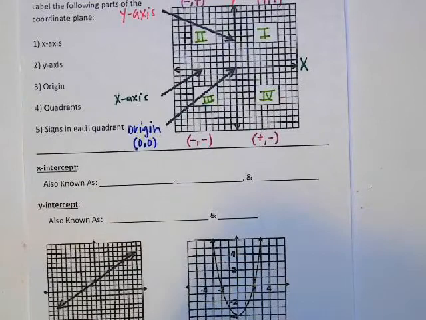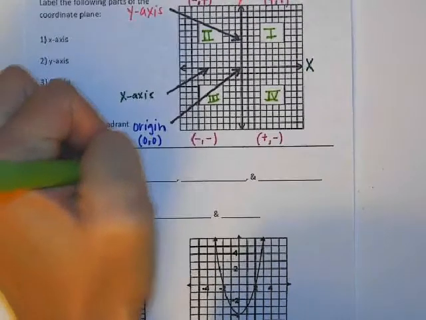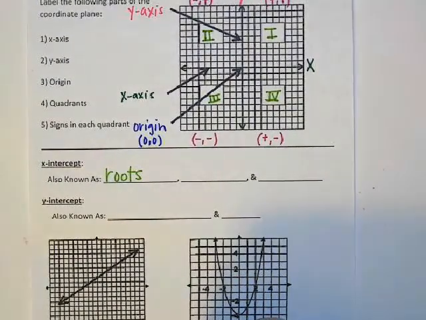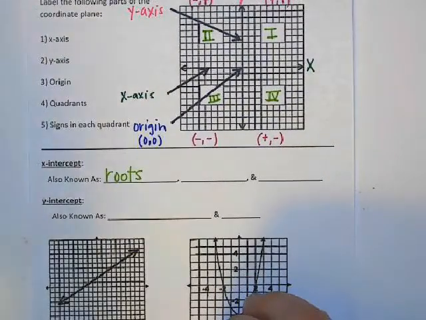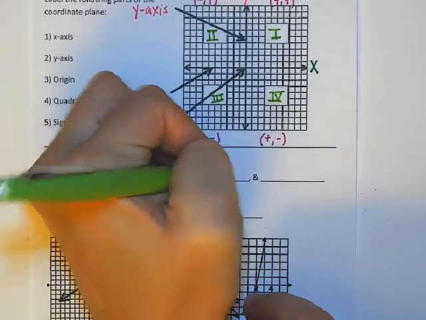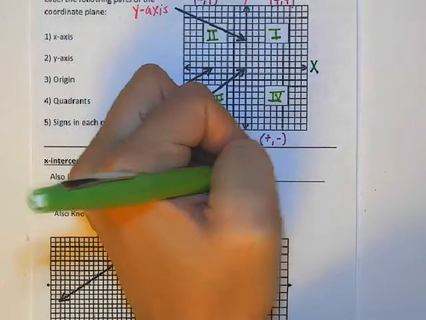So x-intercepts are also known as roots. You said rocks? Yeah, right here. It's how you're going to remember it. But the first word is roots, roots, zeros, and solutions.